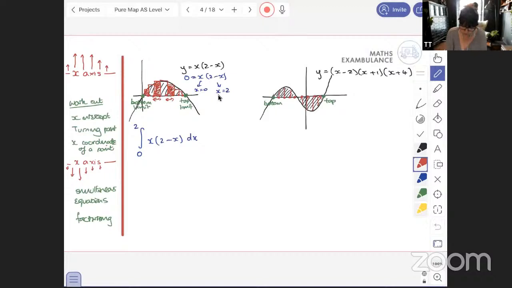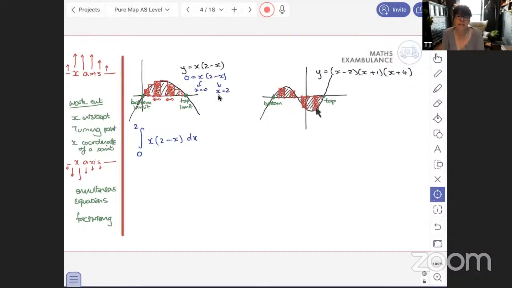So all of these little boxes here, when you're integrating, all of these little boxes come out as negative areas. So if I tell the algebra to go all the way from that bottom limit to the top limit, and tell me the whole overall area, it's going to go wrong, because it's going to work out this area, let's say that area is like 3, and then it works out this area down here, say that area is 6.